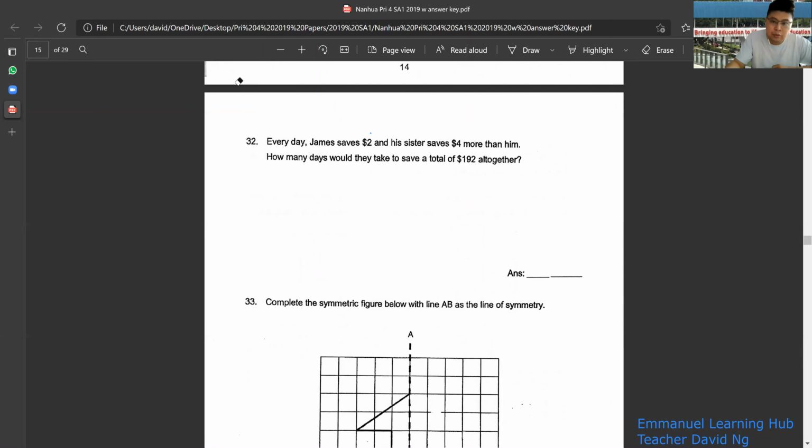No. What's the answer for 32? No, not 1536.